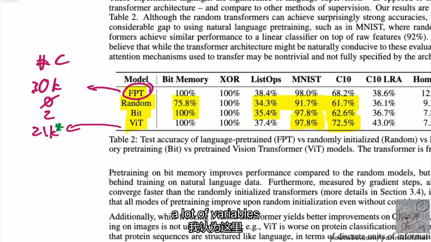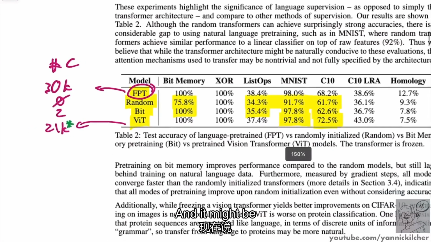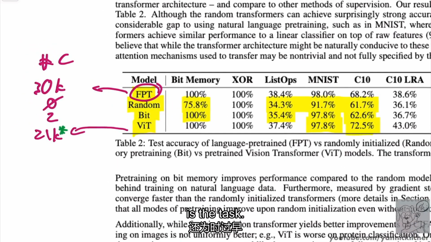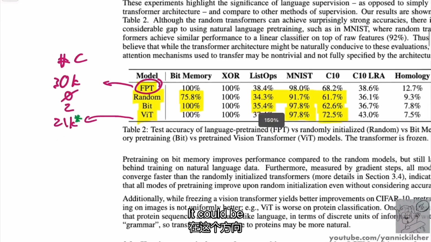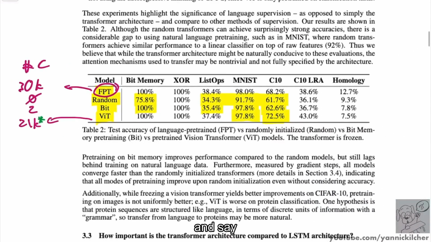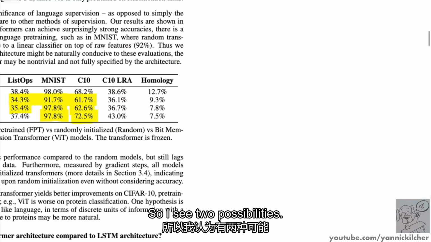I think there are a lot of variables that they haven't necessarily controlled for here, and it might be a bit too early to say language modeling is the task. Though, what I'm completely prepared to accept is to say language modeling is a good task. In fact, it's the best task out of these ones. But I think it could be cool to research more in this direction and say, okay, can we find a better task? Can we find a task that is even more complex? And that depends on what is really going on here. So I see 2 possibilities.